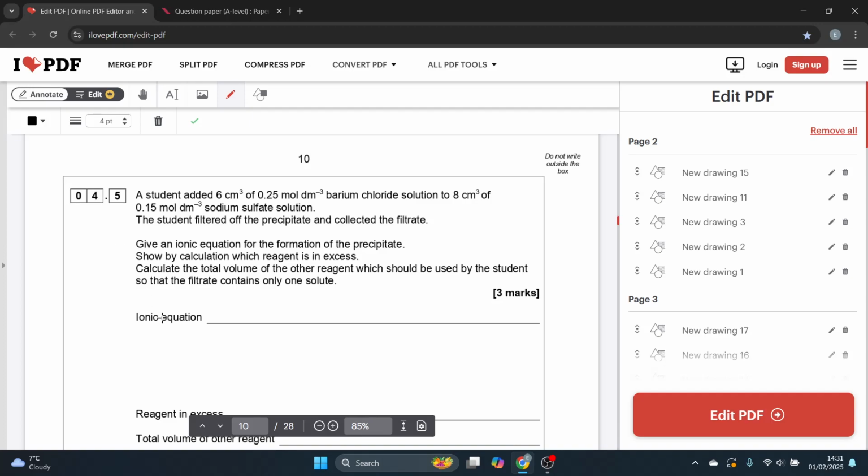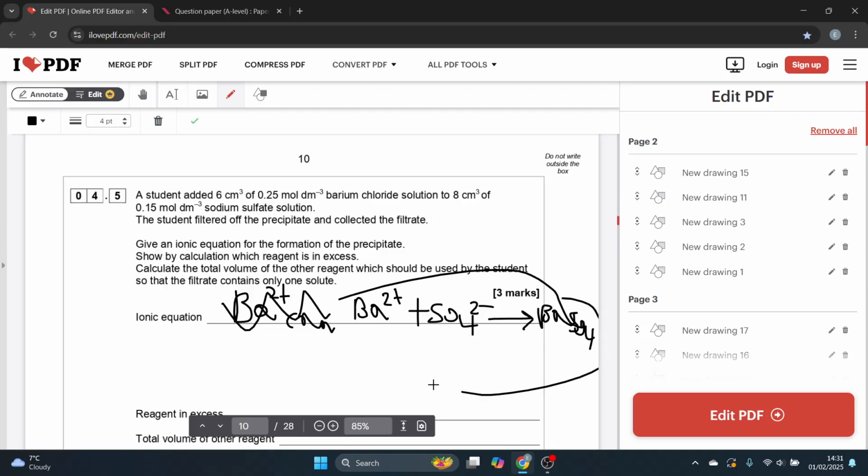So it's just going to be Ba2+ aqueous. It doesn't ask us for state symbols. Ba2+ plus SO4 2- to form BaSO4.